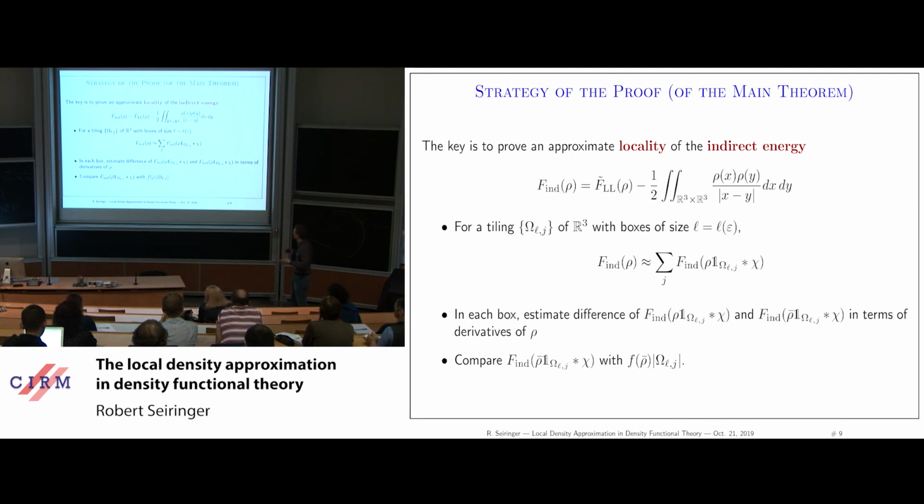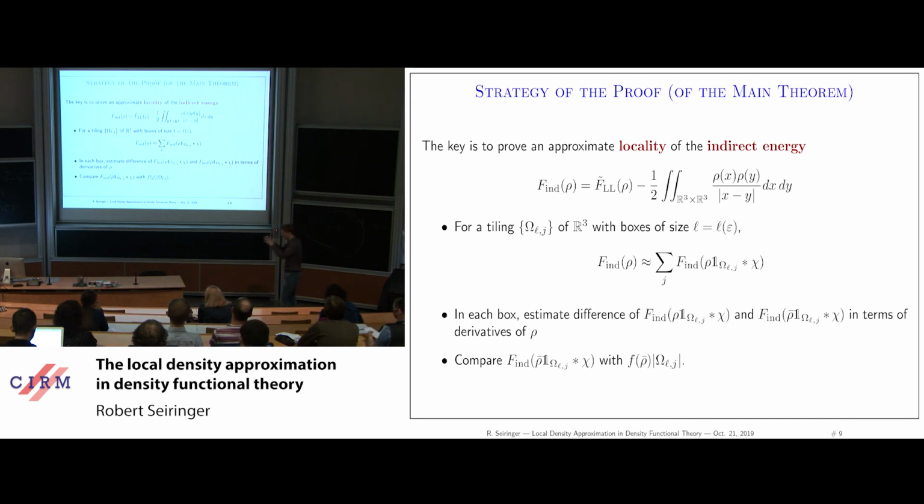We can choose L depending on some parameter epsilon. And we want to argue that given a density that varies slowly, in particular on the scale set by this length scale L, then this indirect part of the energy should be roughly local, in the sense that it should be approximately given as a sum, where I just evaluate the energy for a system at a given density rho, but confined now to one of these small boxes.